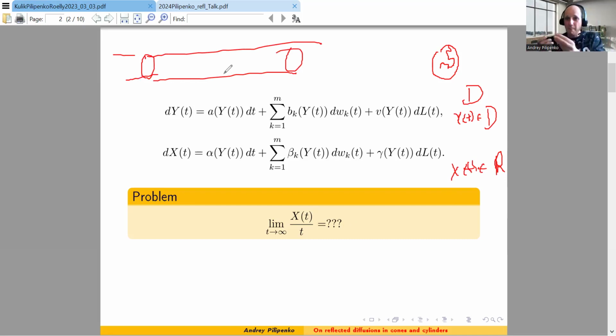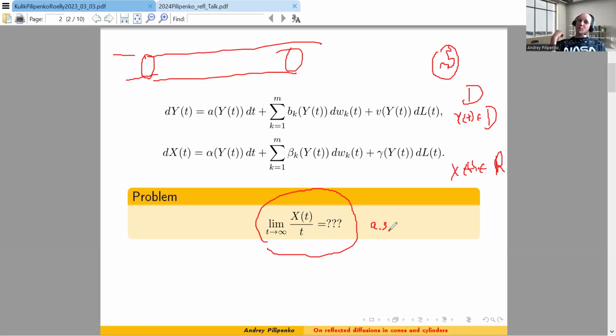So the pair (x, y) lives in a cylinder, and coefficients are invariant with respect to shift in x, with respect to the horizontal line. And the question is, please find the limit of x of t divided by t. And I will show you that this limit is a constant almost surely, and I will find this constant.